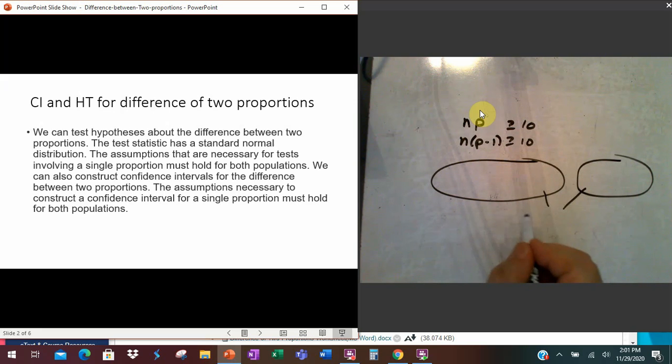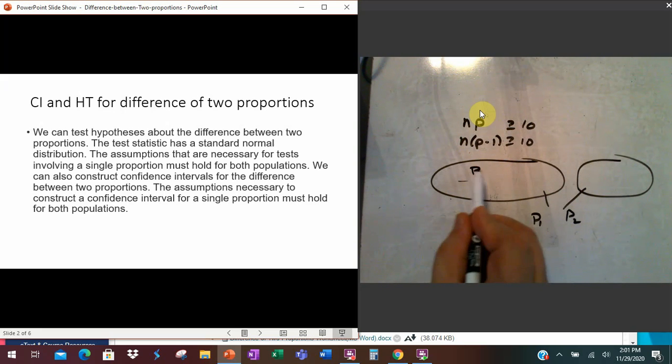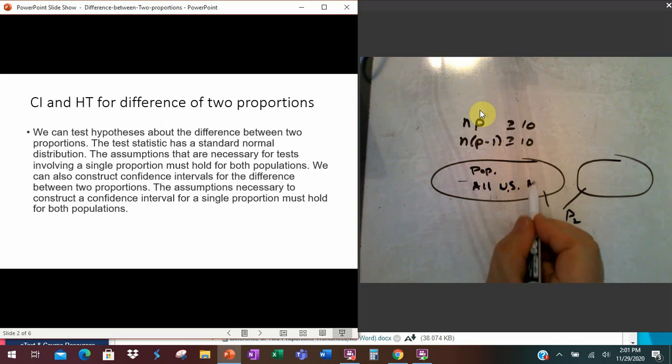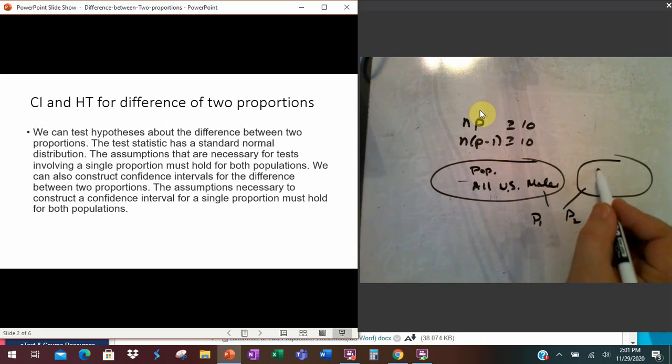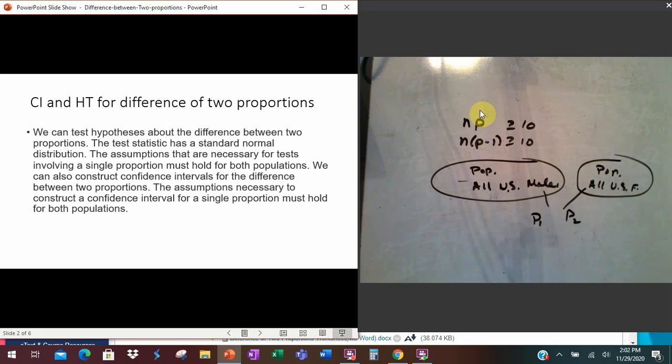Because we're going to have two populations here. I've got a population proportion P1 and P2. So this population may be all U.S. males, let's be specific, and this one population would be all U.S. females. And I wanted to know something about the proportion that, let's say, like Mountain Dew between the two.